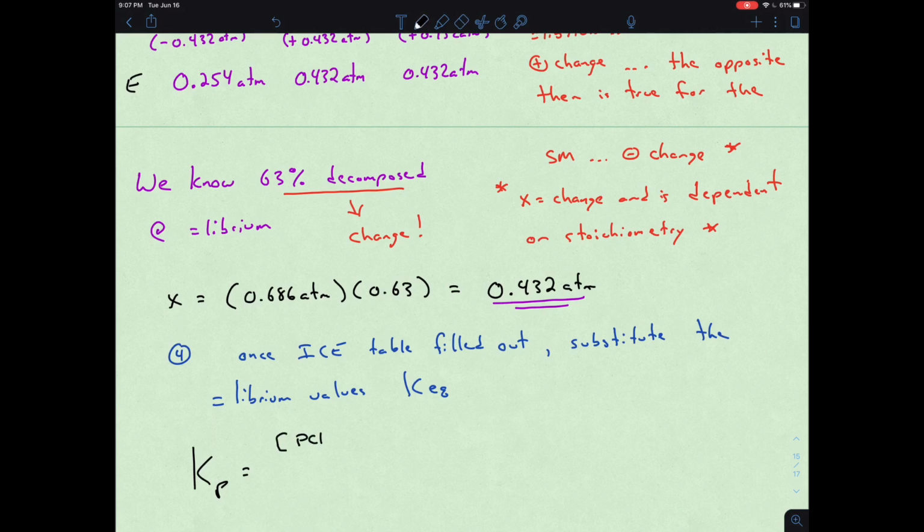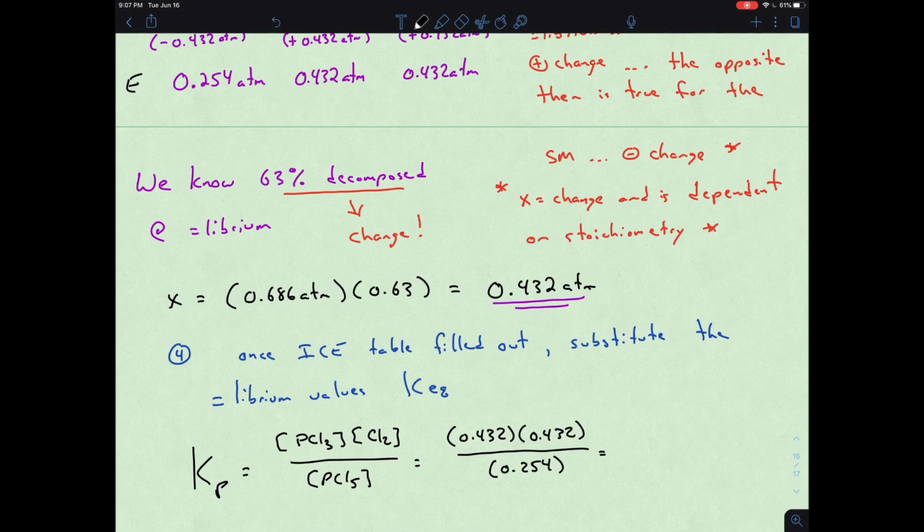We have our phosphorus trichloride times our chlorine divided by our phosphorus pentachloride. The top left-hand corner, we have those values. 0.432 for our products, 0.254 for our starting material, and we end up with a K sub P equal to 0.734.